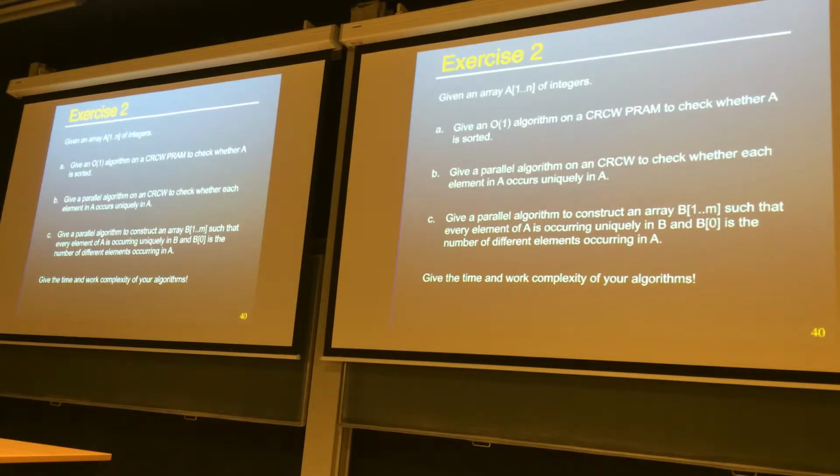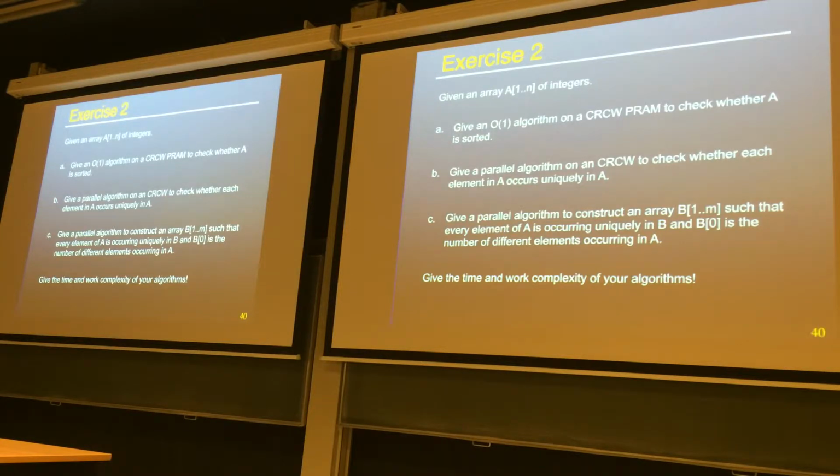Okay, so indeed, I think that your basic structure is correct. So you just assume that the array is sorted, so you set some variable to true. And then in a parallel loop you check adjacent elements.